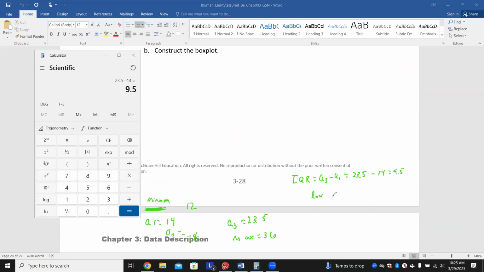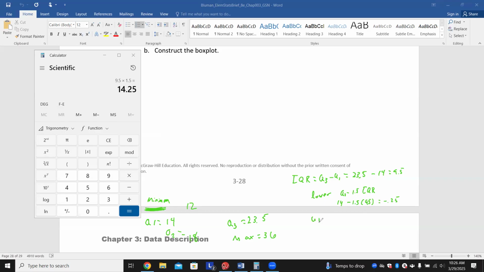My lower boundary for outliers would be Q1 minus 1.5 IQR. In this example, this would be 14 minus 1.5 of 9.5. Multiply that answer by 1.5, I get 14.25. So 14 minus that would give me negative 0.25.